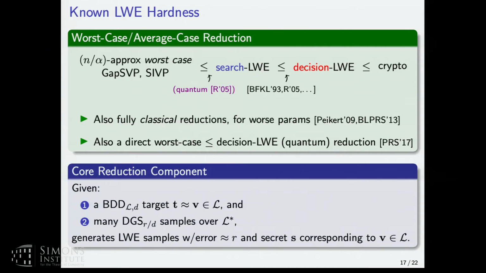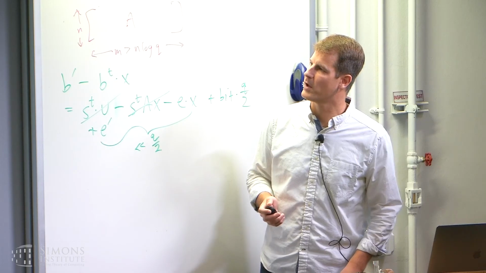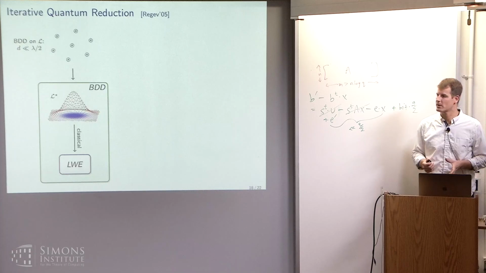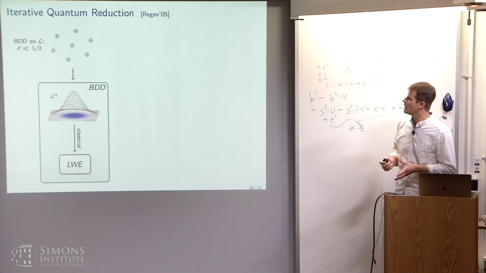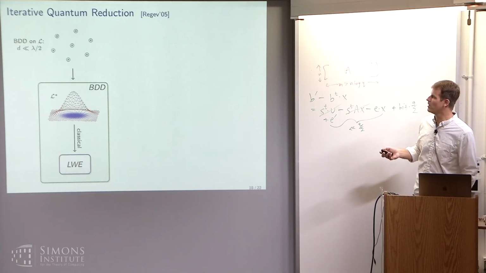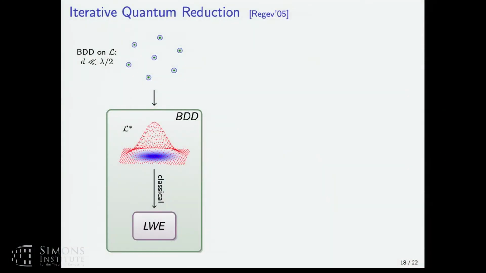Everything on this page uses that as the heart, but then builds things differently around it. So let me first tell you about Regev's original iterative quantum reduction. It's very nice. The goal would be to solve BDD to a very tiny distance d, which is much smaller than the minimum distance of the lattice.